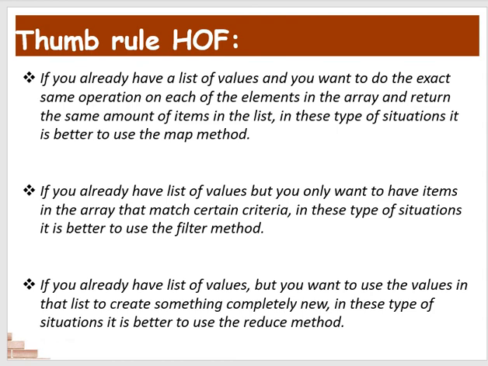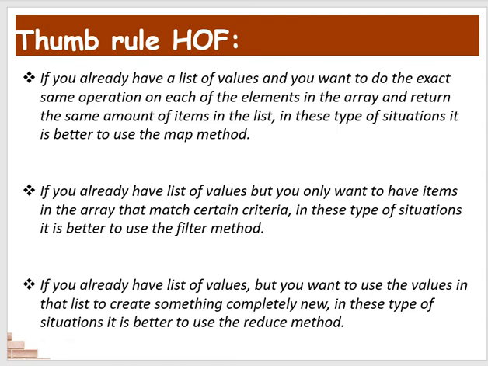So the map function is advisable if we have a list of values and we want the same operation on each and every element. Now, if we have a list of values, but we want to apply a certain condition or criteria to our list, then it is advisable to use the filter method.